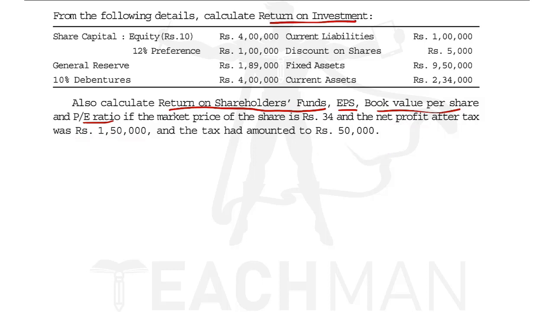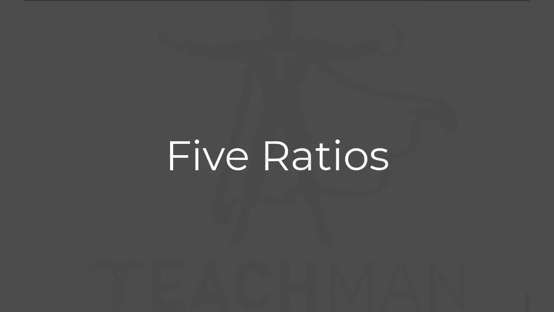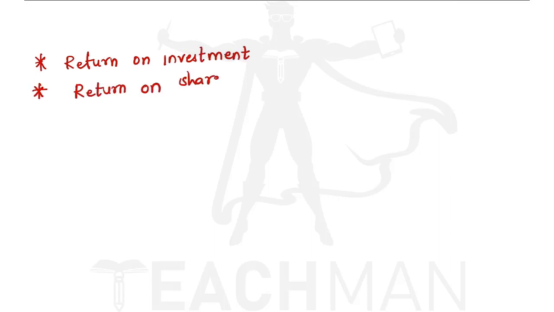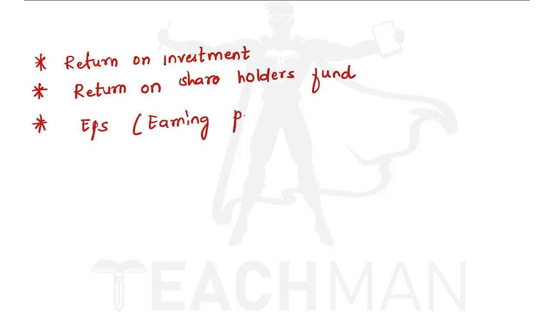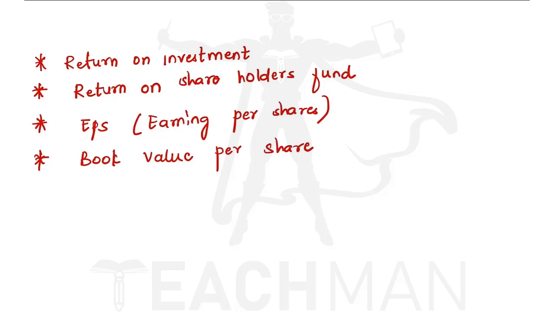So here we have to calculate 5 ratios, that is return on investment, return on shareholders fund, EPS, that is earning per share, then book value per share, and P/E, that is price earning ratio.